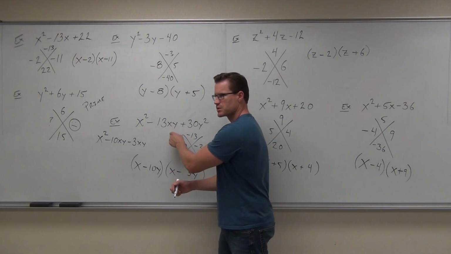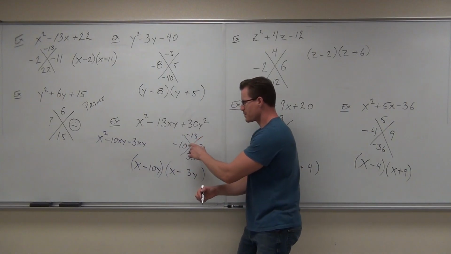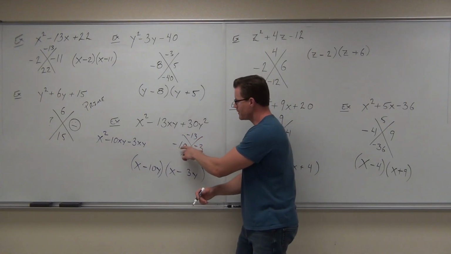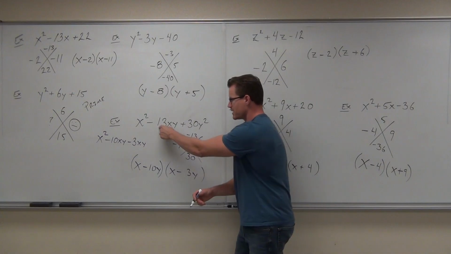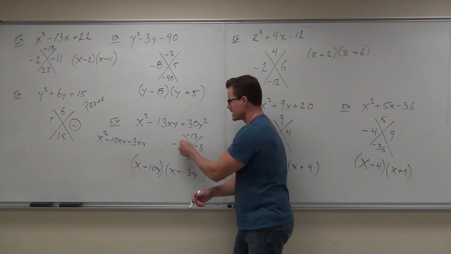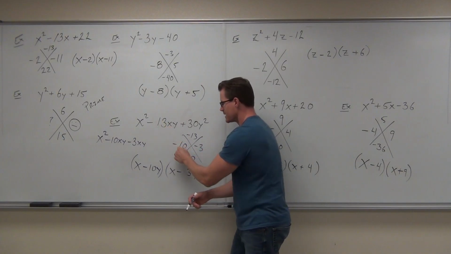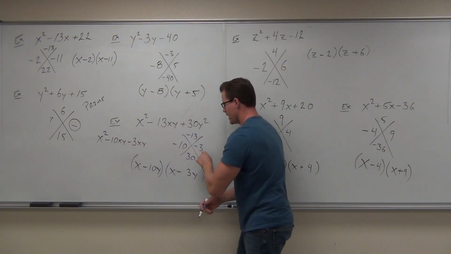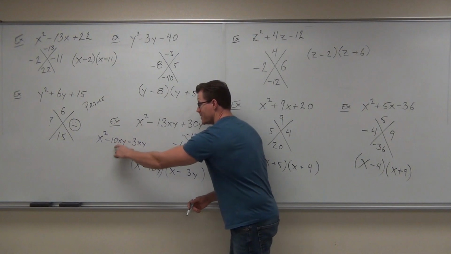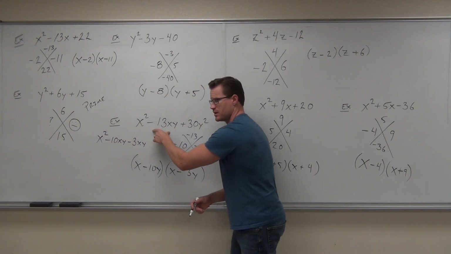This has how many terms? 4. And do you remember that these terms add to that number? That means that I can split this up into 2 extra terms. I could do my minus 10xy, minus 3xy. Does this still make minus 13xy? Okay.